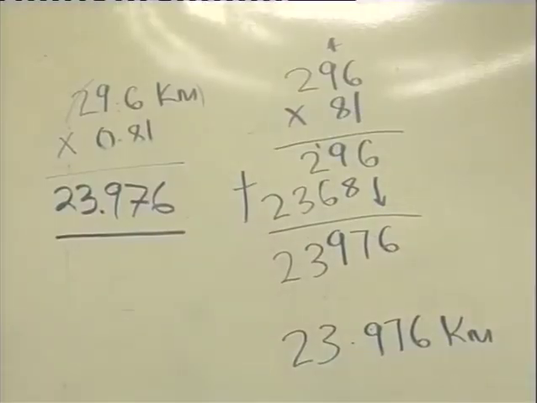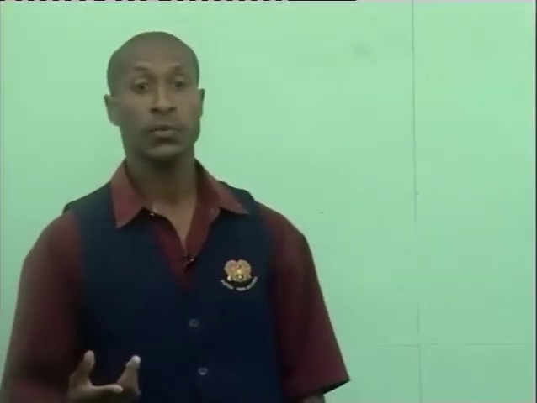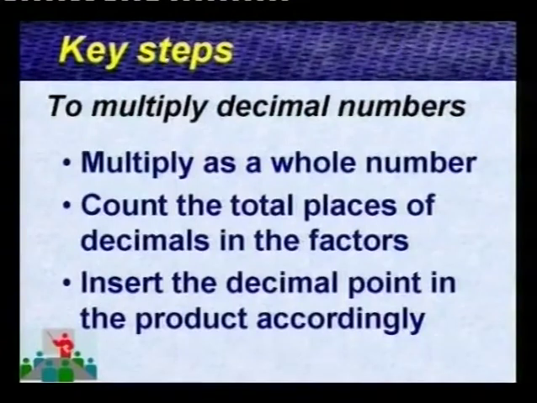Now, in our previous lesson, we looked at multiplying decimals. I will just quickly go through the key steps of multiplying decimal numbers. The first key step is to multiply as a whole number first. As you all know, when you're multiplying, you ignore the decimal points and multiply as a whole number.